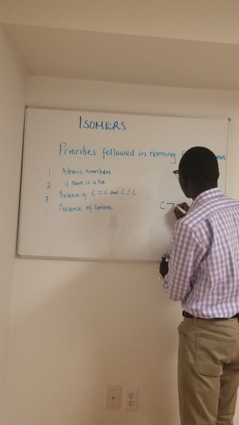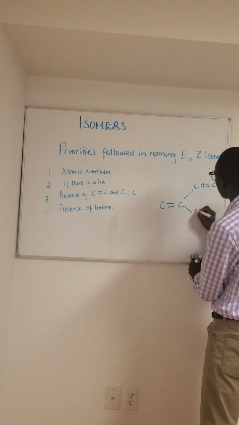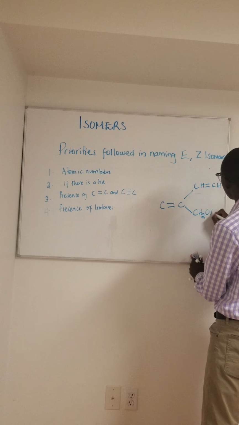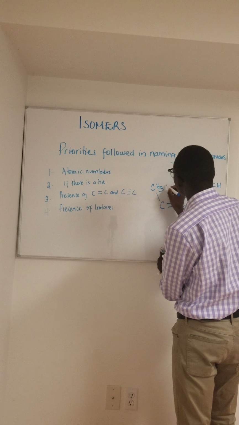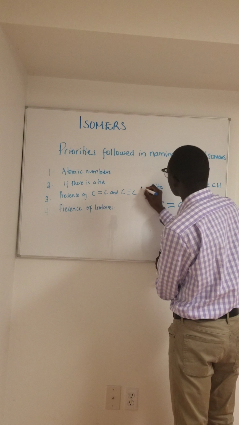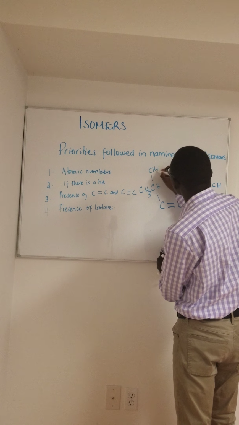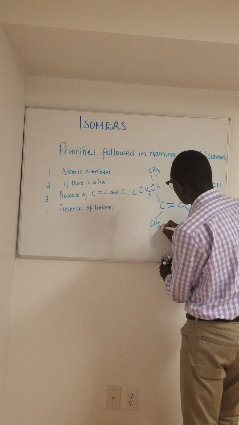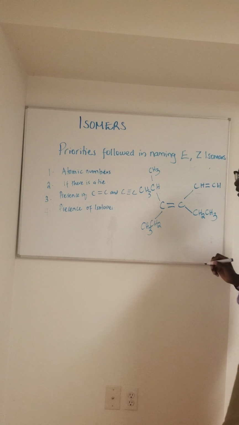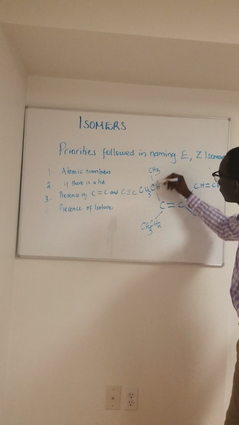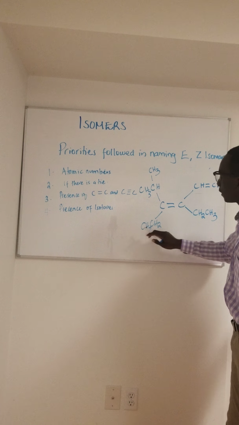So if we have a compound like this, we see that this carbon is bonded to 2 carbons and a hydrogen, and this carbon is bonded to 1 carbon and 2 hydrogens.